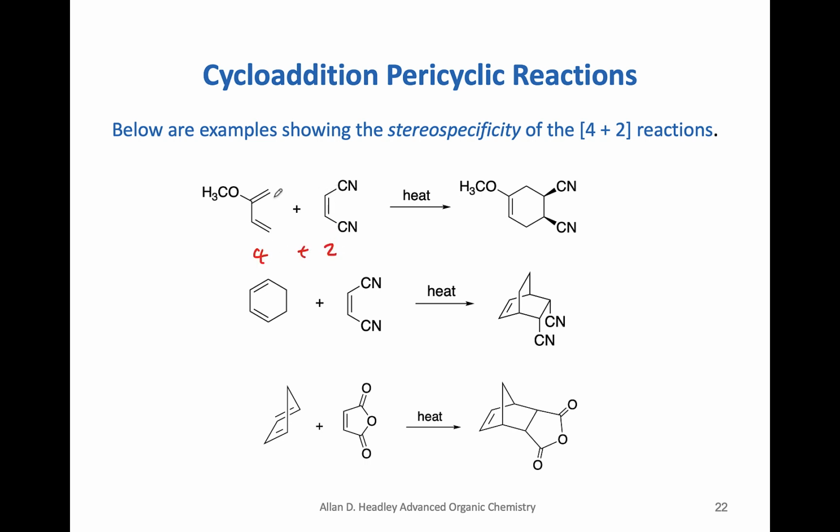These are the 4 pi electrons, 1, 2, 3, 4, and 2 pi electrons. Notice the stereochemistry. These are on the same side of the double bond, and so therefore this product shows the CN on the same side in the product. That's stereospecific. Again, we have here the same side of the double bond.